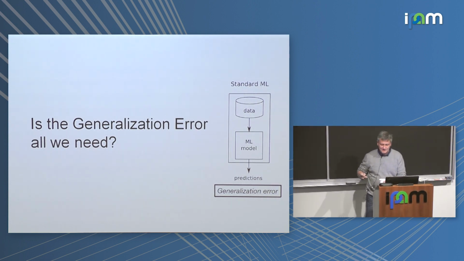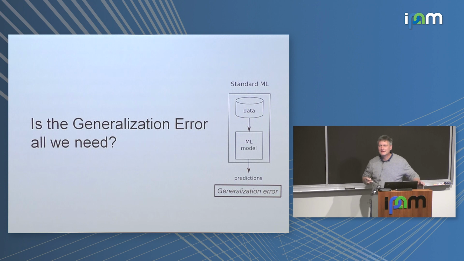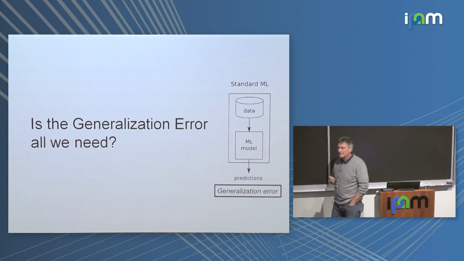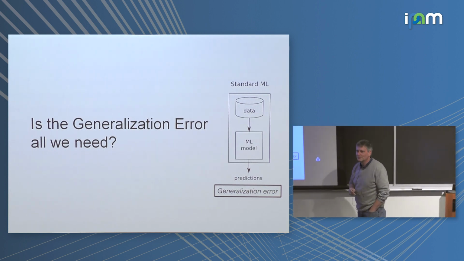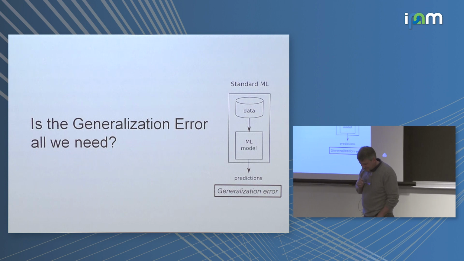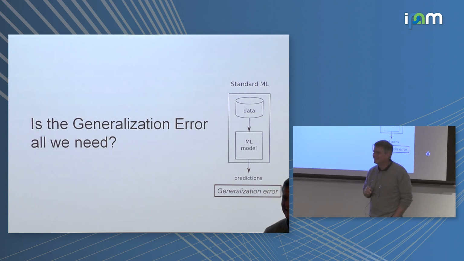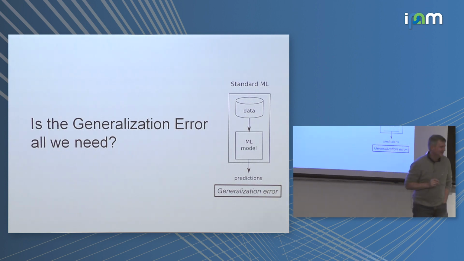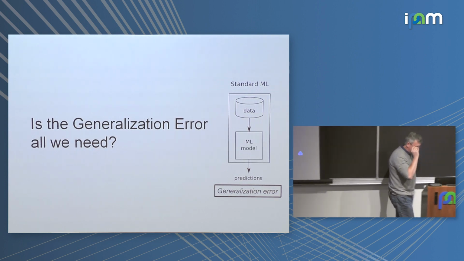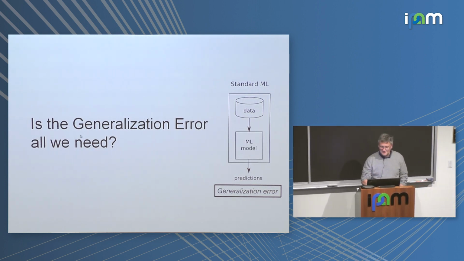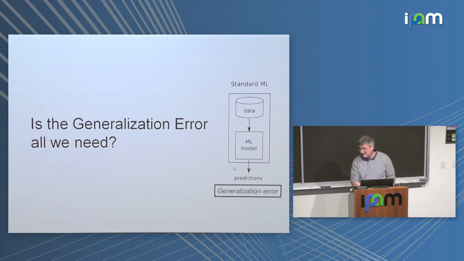And so the question is whether the generalization error is telling us all we need to know. In principle, yes. But practically, except for the Google people, we have most of the time finite data. So it's a question of whether the generalization error is so telling if we base it on finite data, or if it's giving the full picture.